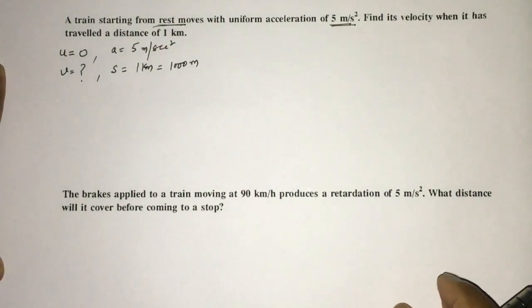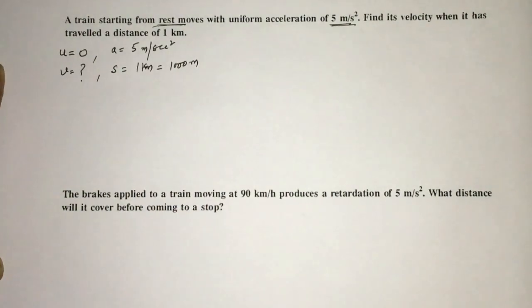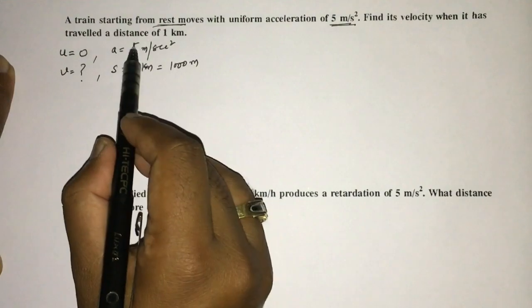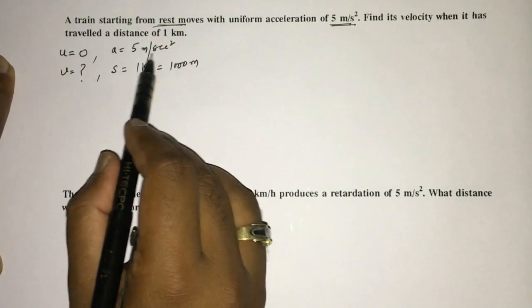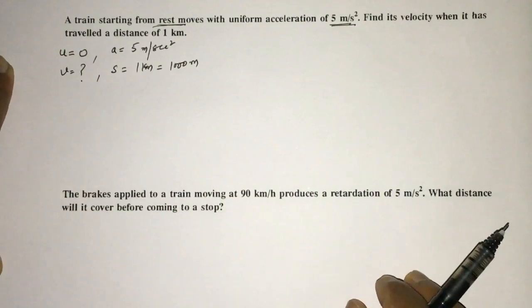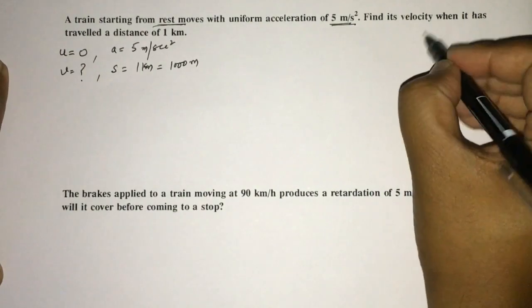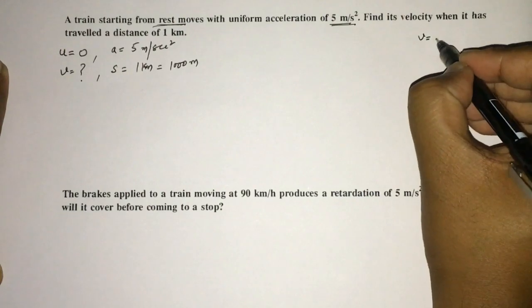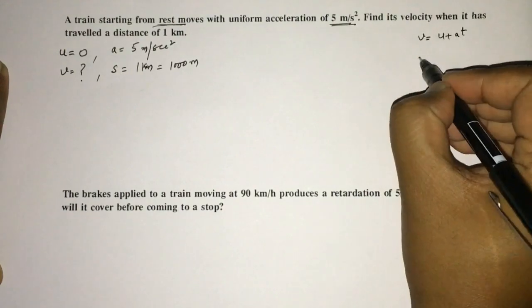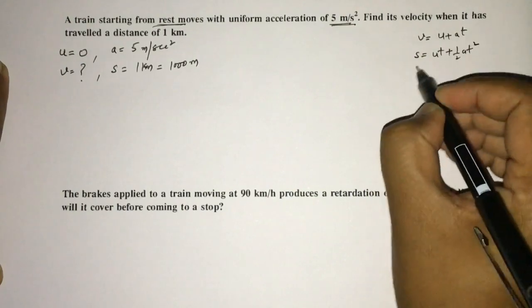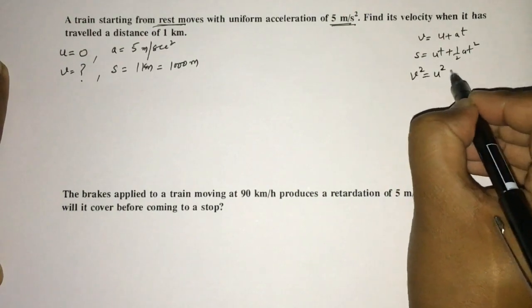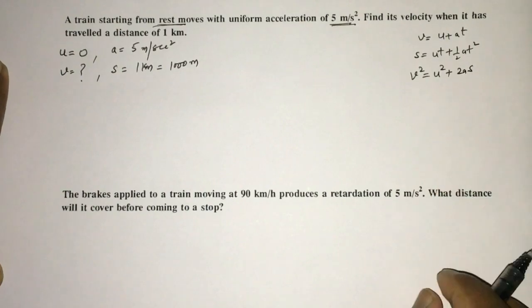Remember one thing, we need to convert all the quantities into SI units. Clear? Now we have initial velocity, we have acceleration, we have the value of distance. We need to calculate final velocity. We have three equations of motion: v is equal to u plus at, s is equal to ut plus half at square, and v square is equal to u square plus 2as.